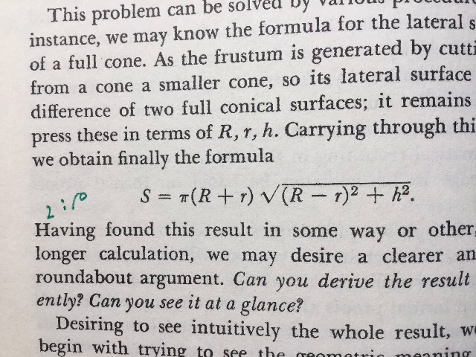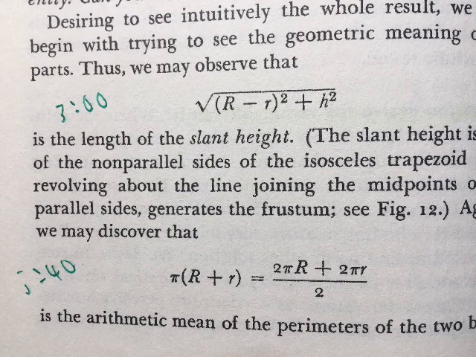Desiring to see intuitively the whole result, we may begin with trying to see the geometric meaning of its parts. Thus we may observe that √((R − r)² + h²) is the length of the slant height.